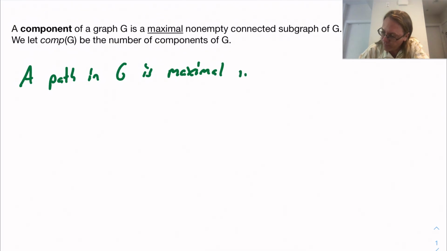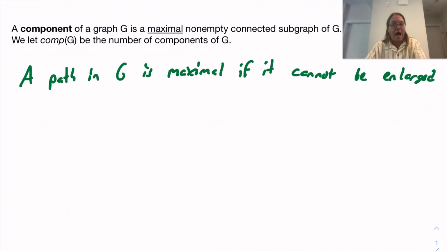So if it cannot be enlarged, i.e., if you added any vertex and edge to it, you would no longer have a path as a subgraph. Okay, so let me draw a graph.